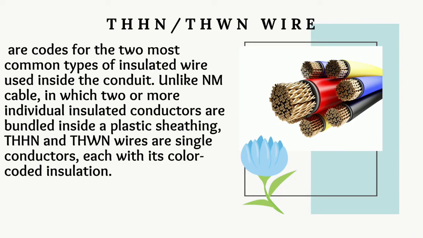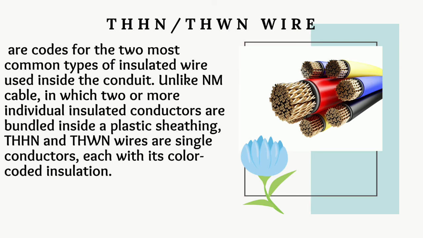Okay, next is the THHN or THWN wire. THHN stands for Thermoplastic High Heat Resistance Nylon Coated, and the THWN wire is the same but the W stands for water resistant. The main difference between these two standards is their maximum temperature in wet location.